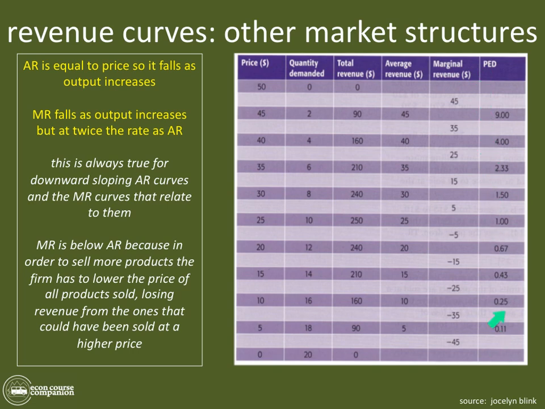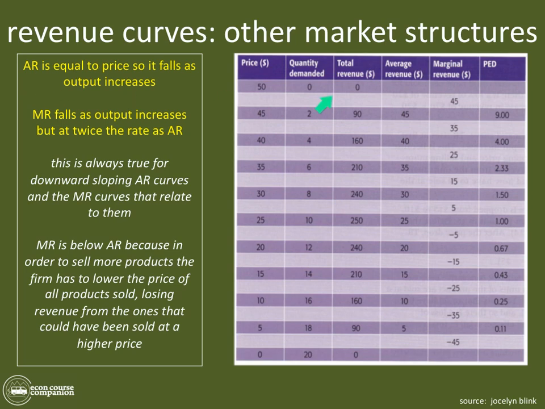Remember, price elasticity demand is calculated by a change in price over a change in the quantity demanded of a product, okay? So do yourself a favor, stop the video and try to figure out and work out how all of these numbers came to be, and this also comes to us from Jocelyn Blank, okay? So do that now. Cool.